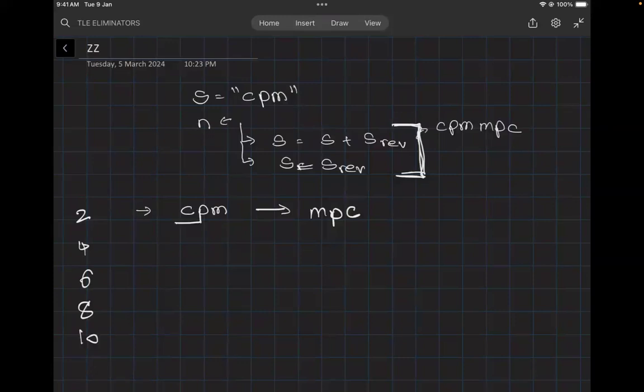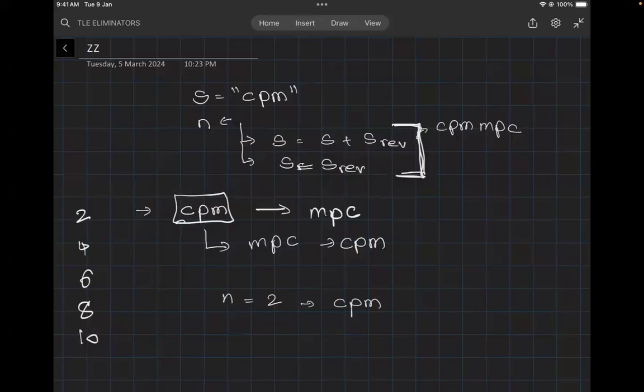If I do one reverse operation on CPM, it becomes MPC. If I do one more reverse operation on MPC, it becomes CPM. So for n equal to 2, if I only do reverse operations, I again get CPM.